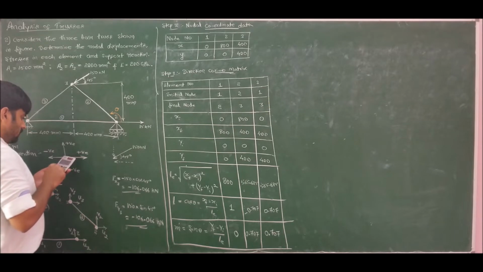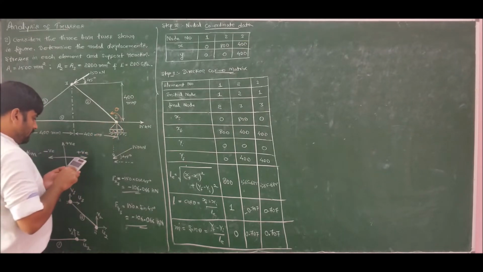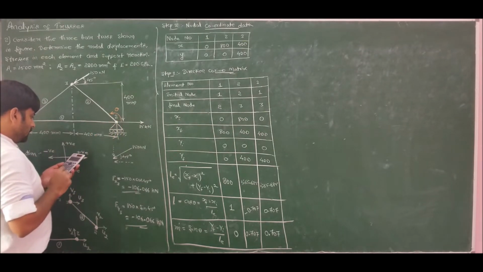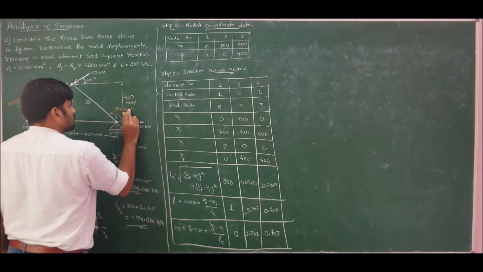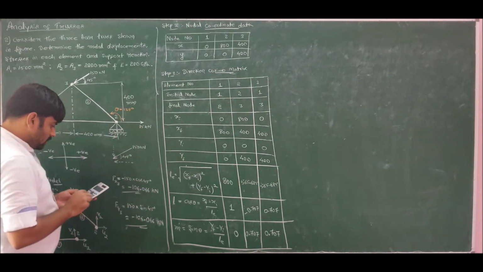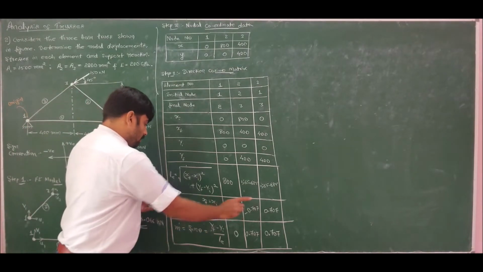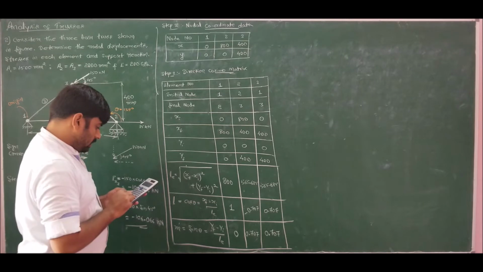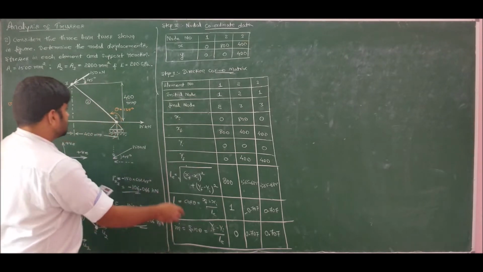So this angle is 45 degrees. So this angle will be 180 minus 45, that is 135 degrees. Here theta is 135 degrees. So if theta is 135 degrees, then cos 135 is minus 0.707, sin 135 is plus 0.707, it is correct.